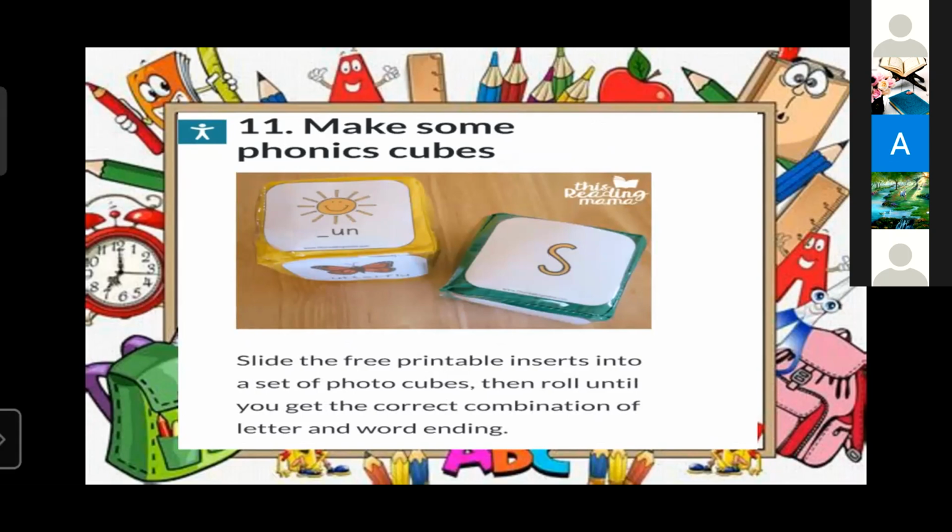Very nice, this activity. The other cubes will be with different sounds, starting with the same words on the other cube. They try to match the letter on the second cube to the words on the other cube.